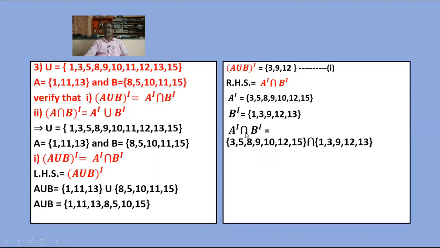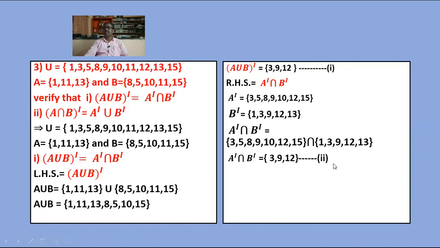Therefore, A complement intersection B complement. A complement is 3, 5, 8, 9, 10, 12, 15. Intersection B complement set 1, 3, 9, 12, 13. Take all common elements in these two sets. Which are the common elements? 3, 9 and 12. Therefore, A complement intersection B complement is equal to, in curly brackets, 3, 9, 12.